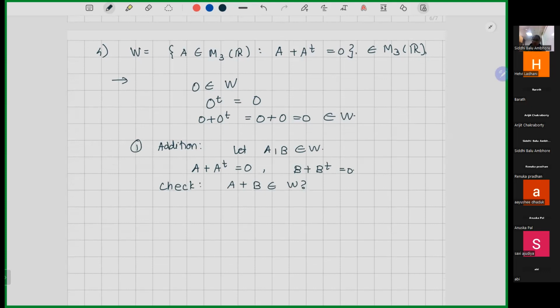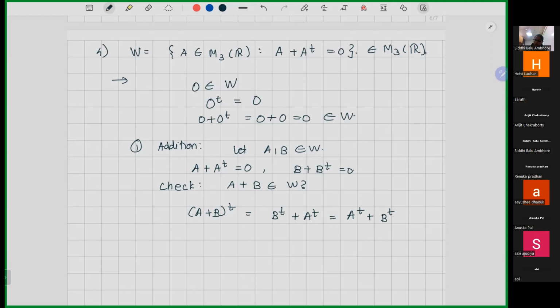So what is A plus B transpose? Can somebody tell me what is A plus B transpose? Yes, it is B transpose plus A transpose, or A transpose plus B transpose, one and the same thing here, because our addition in matrices is commutative.